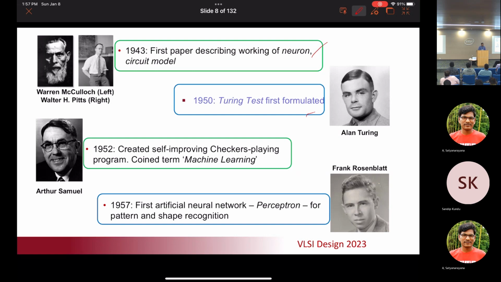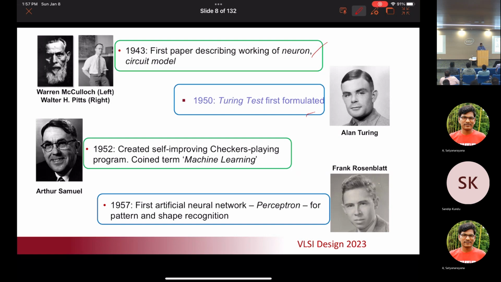There's a Turing test, and the Turing test says that if two agents are interacting, one of them is a machine and the other one is a human, and if you're interacting with both of them without knowing who's human and who's machine, and you cannot distinguish between the two, then the machine is intelligent. But if you can distinguish between the two, then the machine is not intelligent. So that's the Turing test.